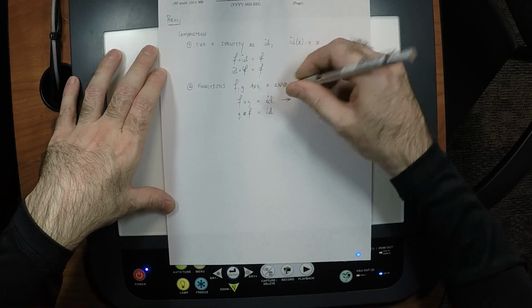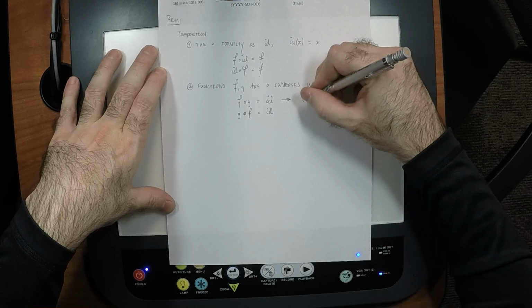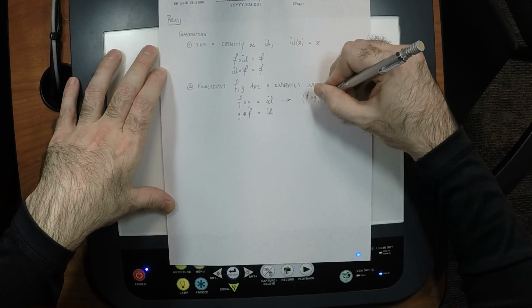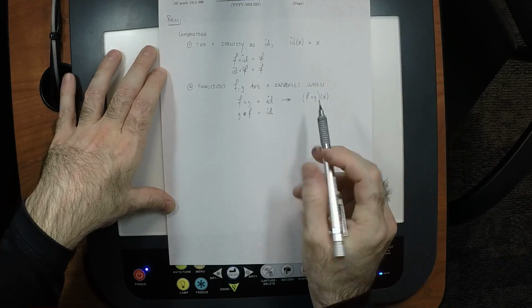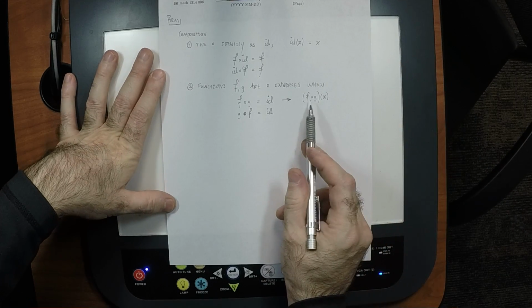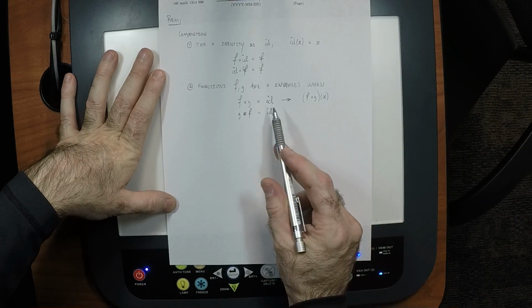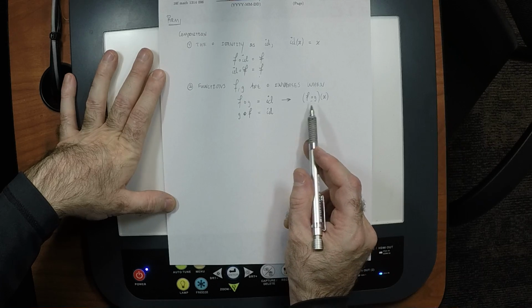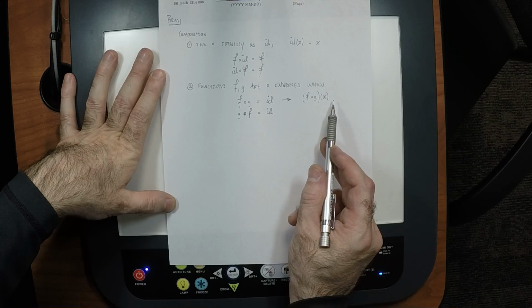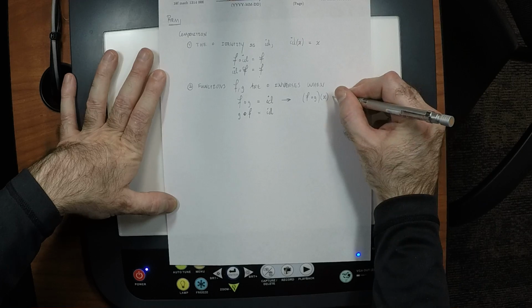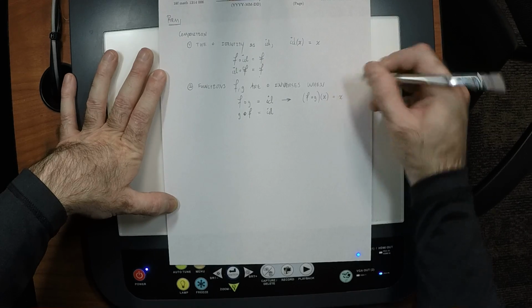So now if we were to evaluate, since f composed with g is the identity, what does that mean? If we evaluate this function at x, what should we get? We should get x, right?